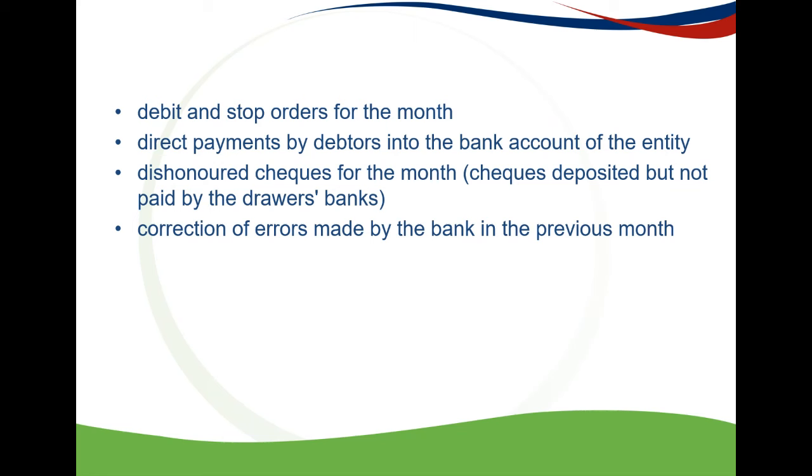Direct payments by debtors into the bank account of the entity. When a debtor does not send you information about a direct deposit into your bank account, you will only take note of it when you receive your bank statement and you compare it with your records, and then you see, but here is a deposit on my bank statement which I haven't recorded in my records.